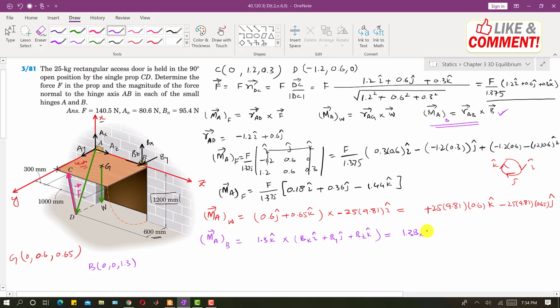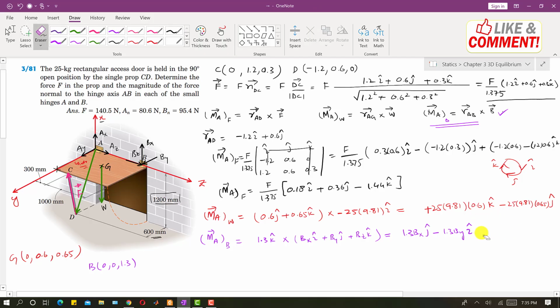So k cross i is j, and then we will have 1.3 By and k cross j. So k cross j is minus i, so we will write minus i, and then this will be plus 1.3 Bz, and k cross k is 0, so there is no need to write this.